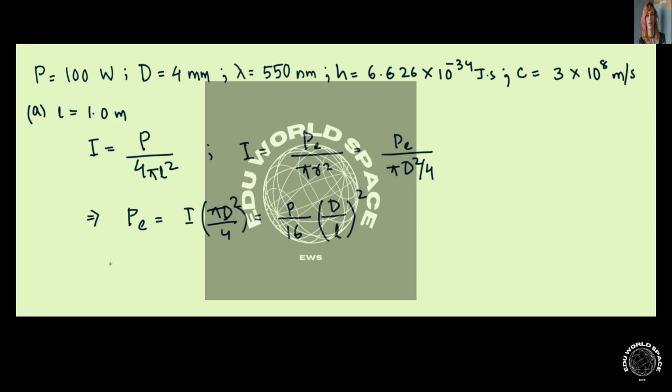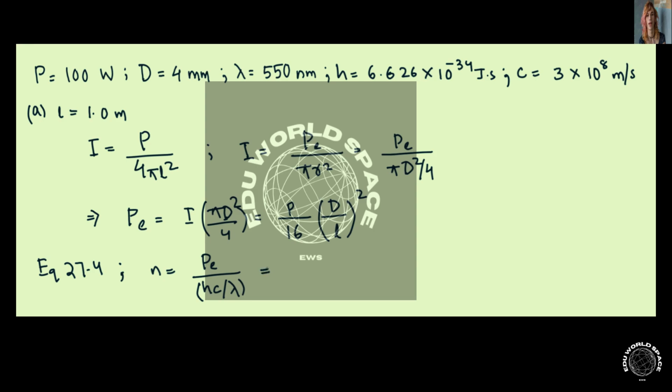Now we will use equation 27.4 to calculate the number of photons. The number of photons will be given by this energy per second divided by the energy of a photon, which is given by hc over lambda by equation 27.4.